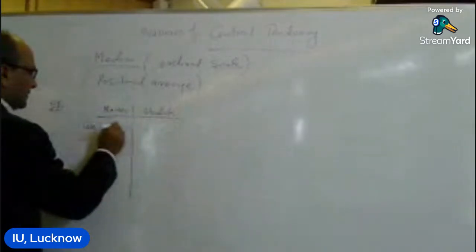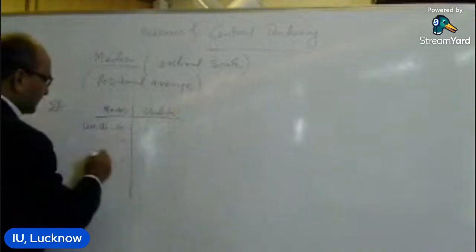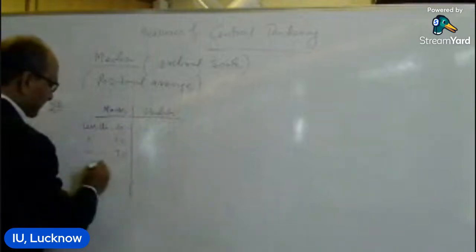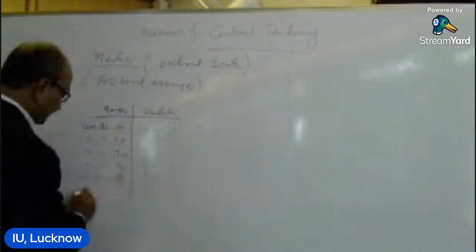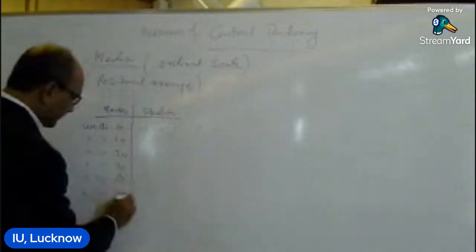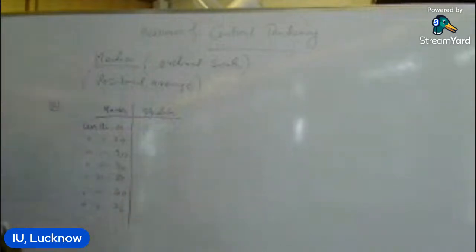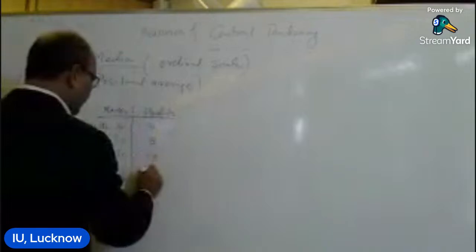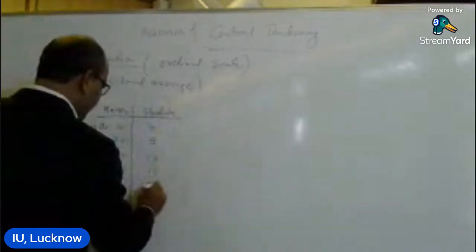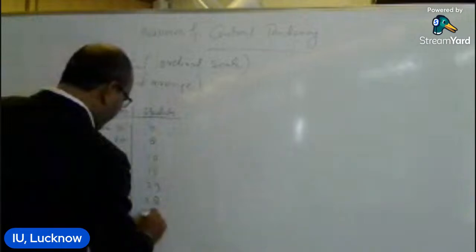Less than 10, less than 20, less than 30, less than 40, less than 50, less than 60, less than 70. And the number of students 4, 8, 10, 15, 23, 28, 36.